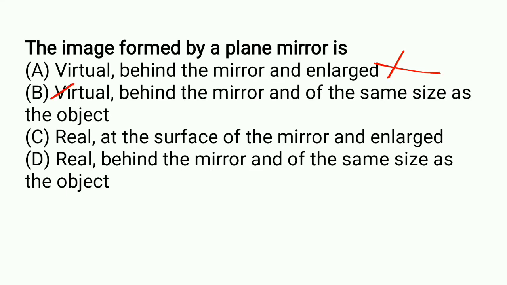Option B is true for the image formed by the plane mirror. Now just check the next options also. Real, at the surface of the mirror, no. Option C is not correct, because a plane mirror produces a virtual image, and option D also mentions real, so option D is also wrong. So only option B is correct, that is virtual, behind the mirror and of the same size as the object.